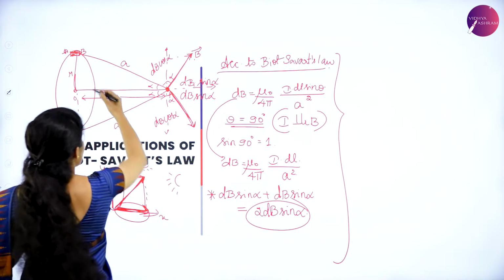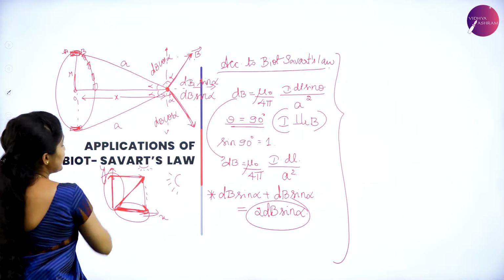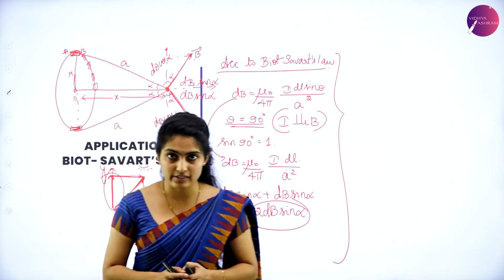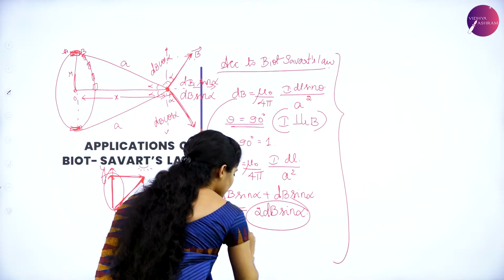Suppose you have n number of elements to be calculated, then it will have n number of dB sine alphas, which you will just sum up.